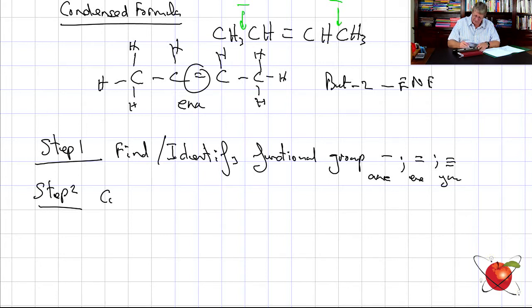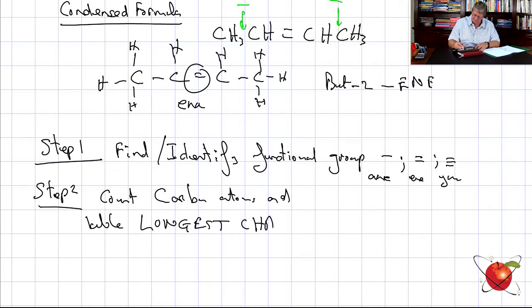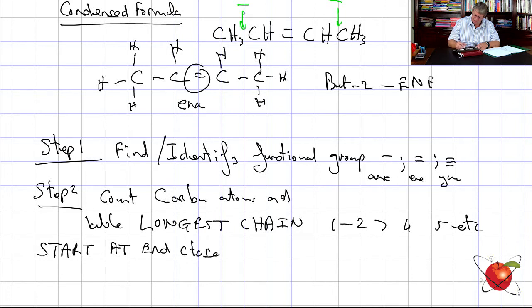Count the number of carbon atoms and label the longest chain 1, 2, 3, 4, 5, etc. Start at the end closest to the functional group.